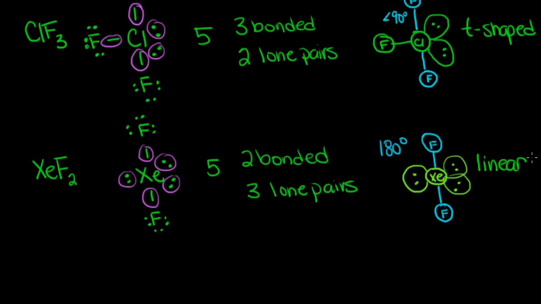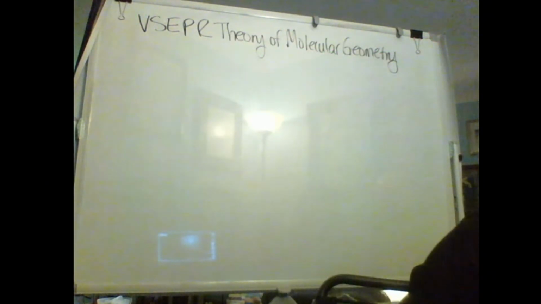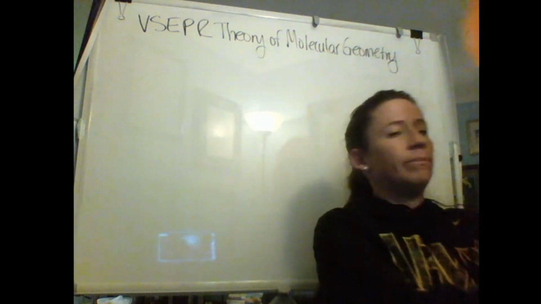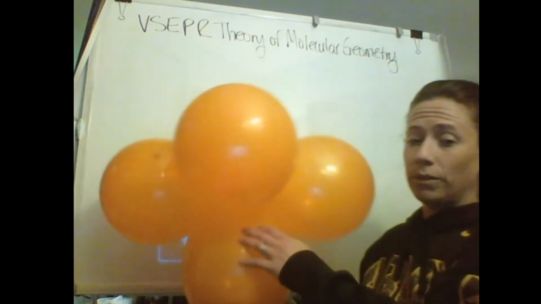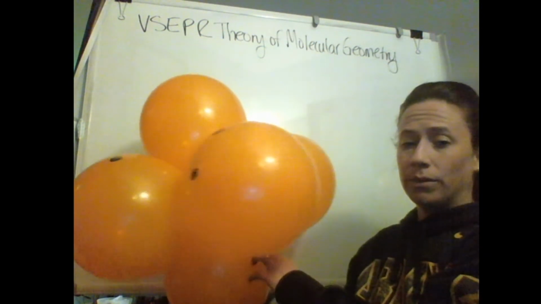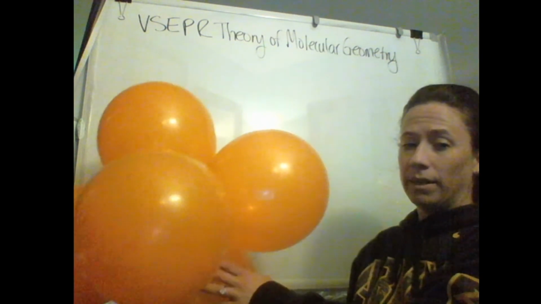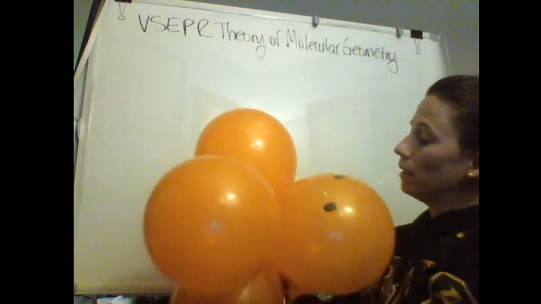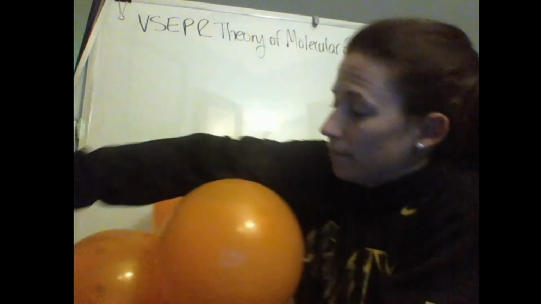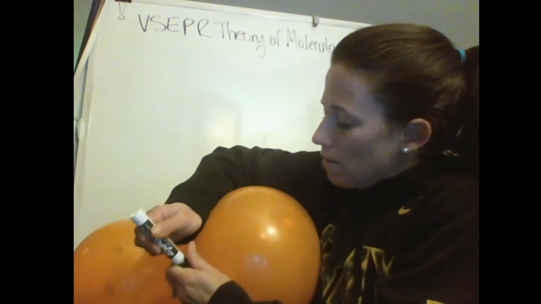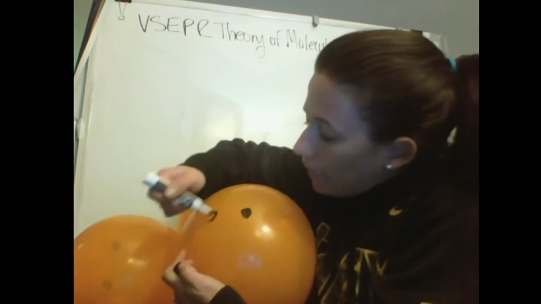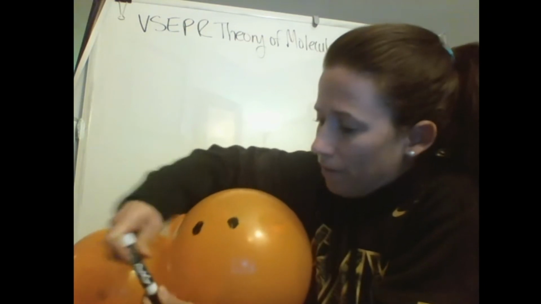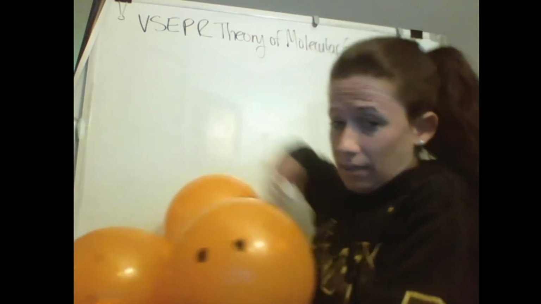So I will pull out my, oops, I just made a random line. Let's pull out the balloons. So now imagine with our balloons here that all of the balloons around that center, so there's 1, 2, oh, I think I need my marker. 3, all 3 of those guys are no longer bonds, right?